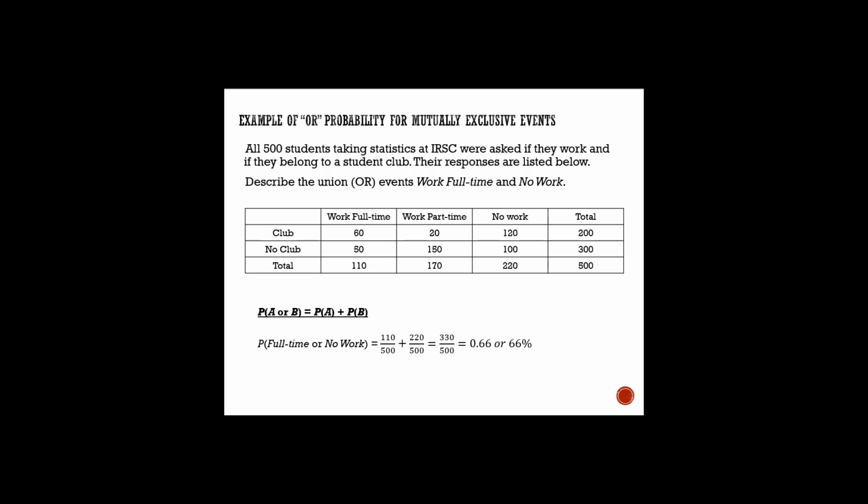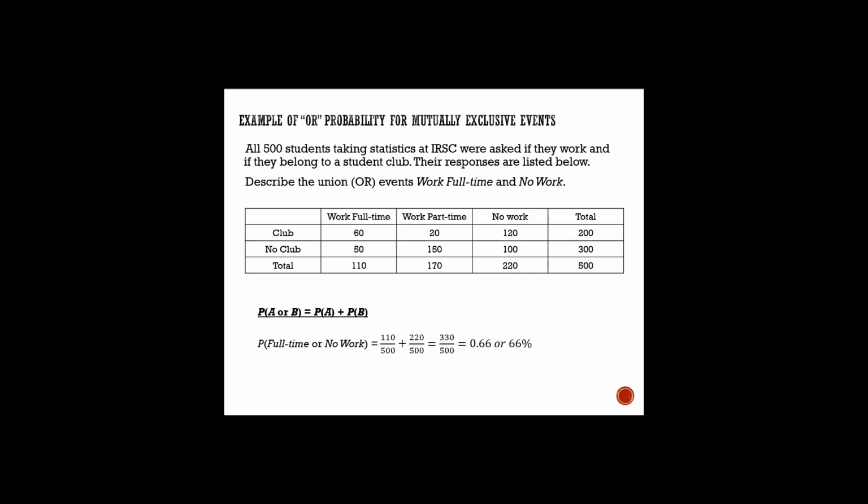So I write it down. I say the probability of A or B, are they mutually exclusive? I got to know which formula to use. So I look at them, working full-time and no work. Yep, there's nobody up there who has answered that they both work full-time and don't work at all, right? So these are mutually exclusive events. All I have to do is find their probabilities and add them together.